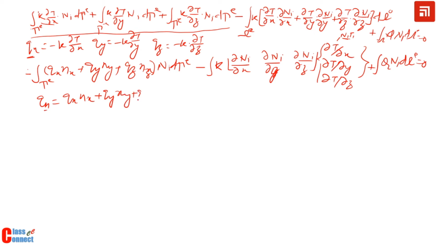Or in vector form we can write this as a dot product if I consider these as vectors, that is q dot n. We always specify heat flux along the positive normal direction of the surface, and that can be resolved into components along all three planes.